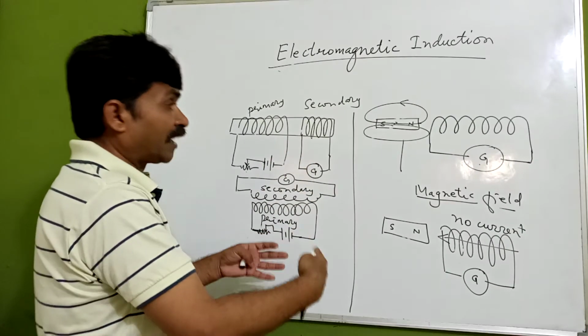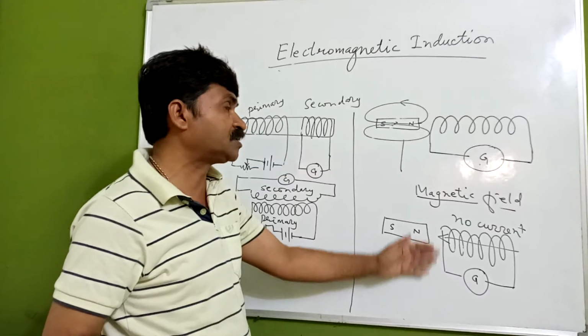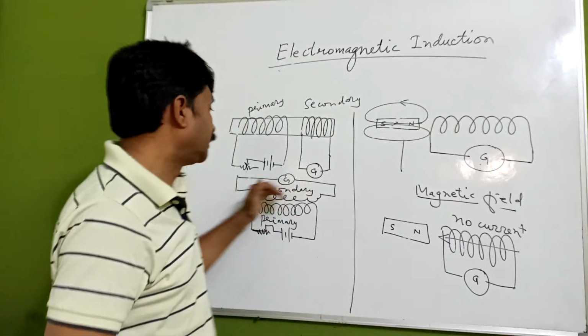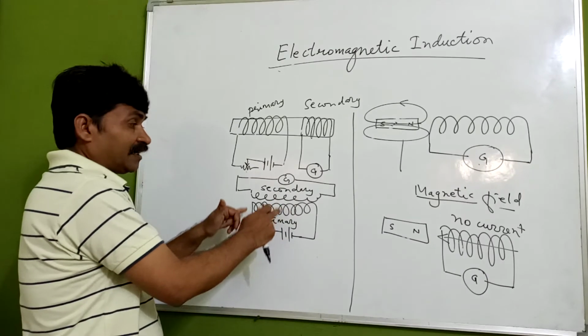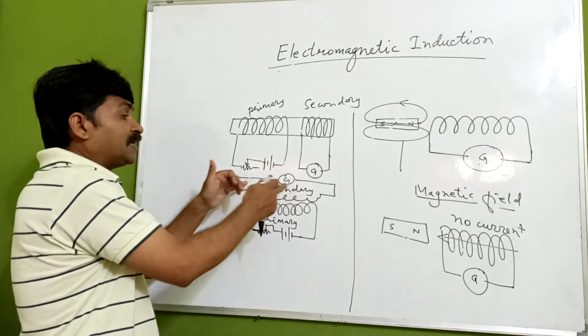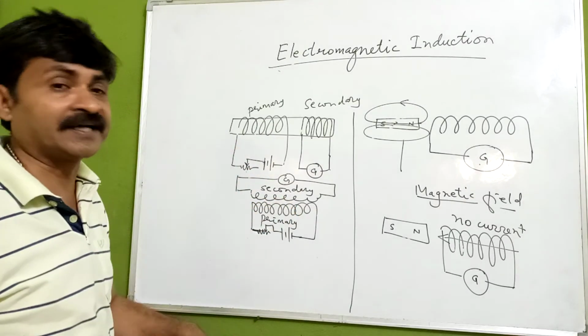So we can have two parts of it. In one we have used a magnet as well as a coil. Here the magnetic effect is created by the current, which causes an EMF to be induced in the other coil, and because of that we are getting an induction.